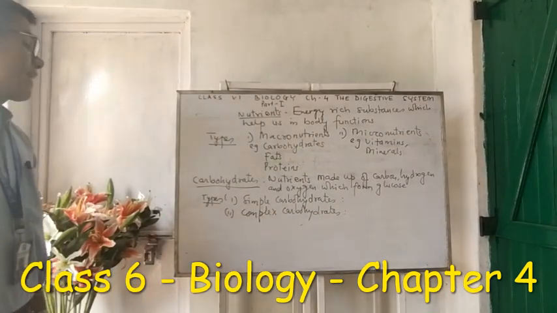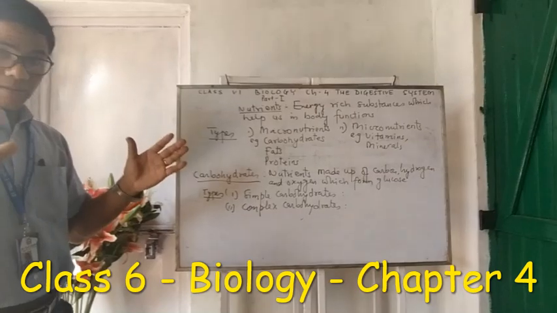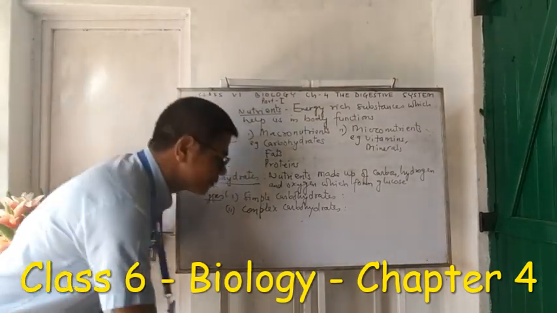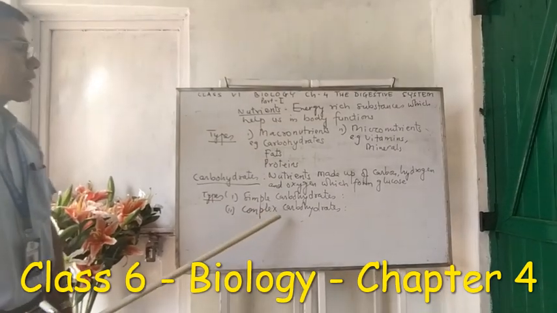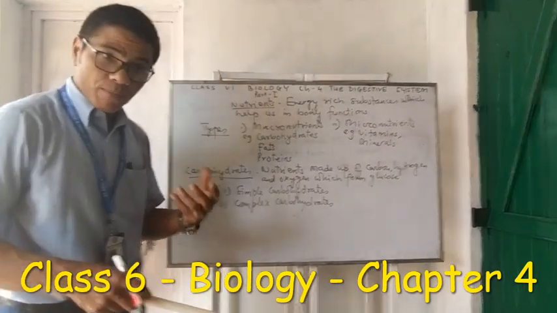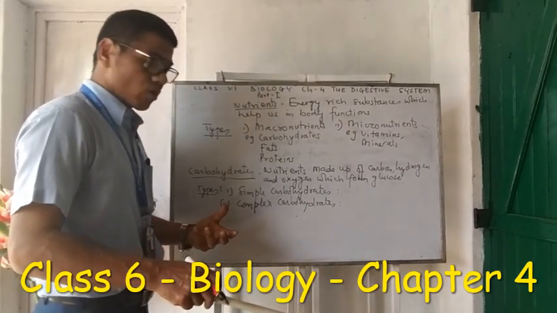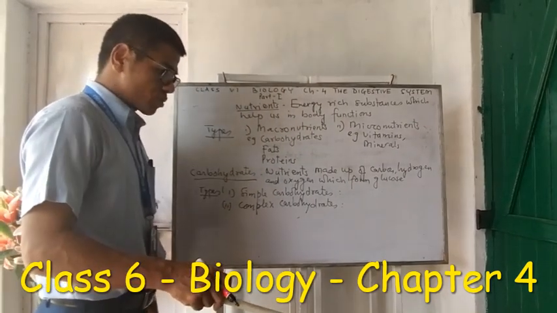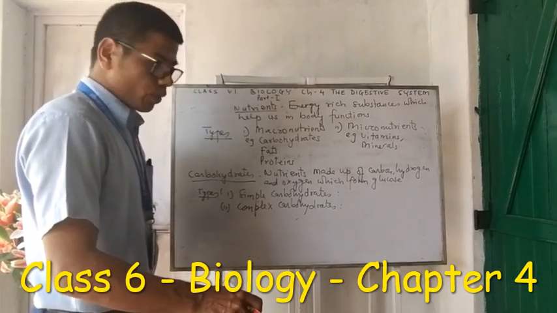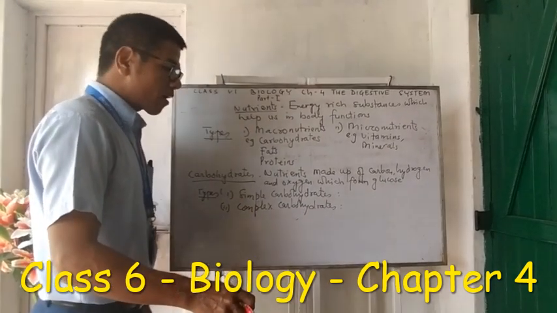Now, by saying complex, it means big. We need to eat more. For example, which are the complex carbohydrates we normally eat? Let us see. We are very familiar with what we call rice or chawal. Then wheat, which is flour.